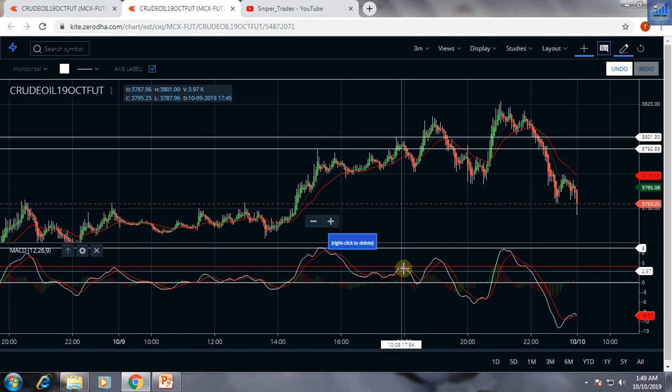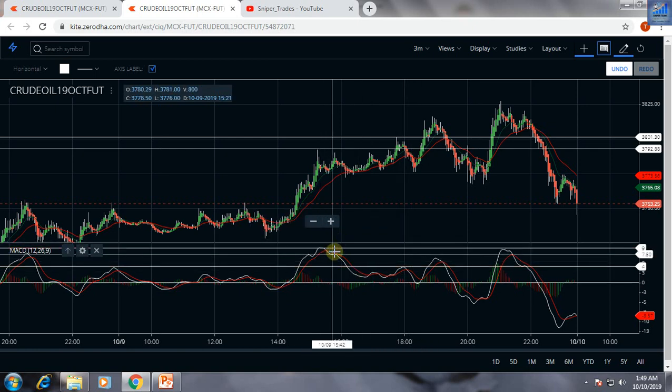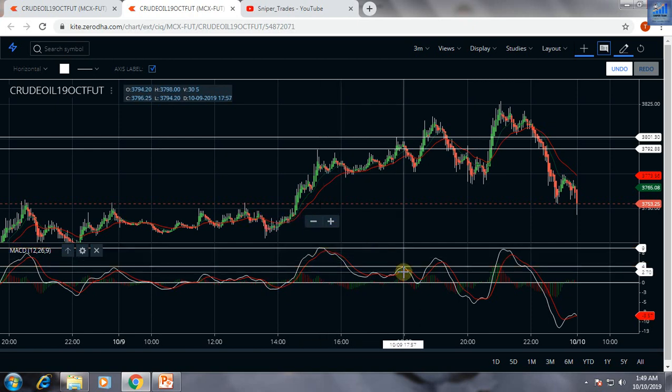The momentum in the uptrend direction is soon going to end here, soon going to come downwards here. That is what this bullish divergence means.